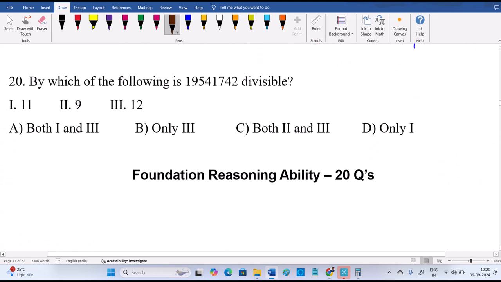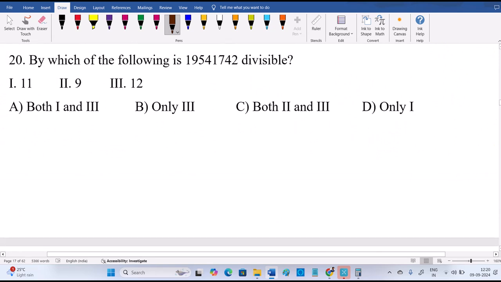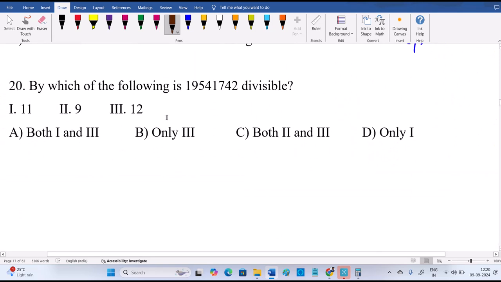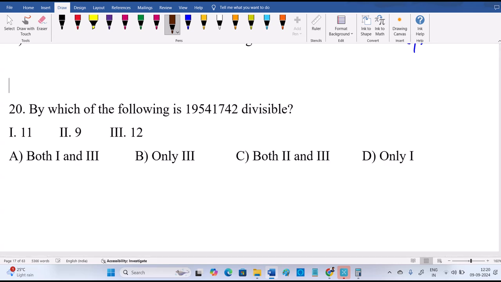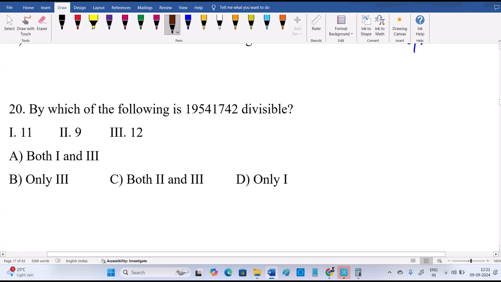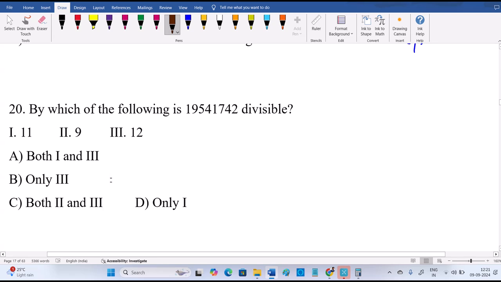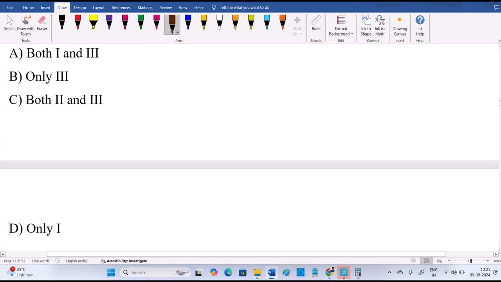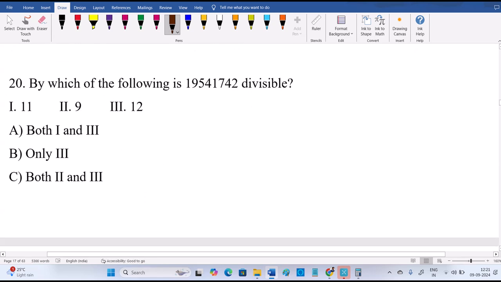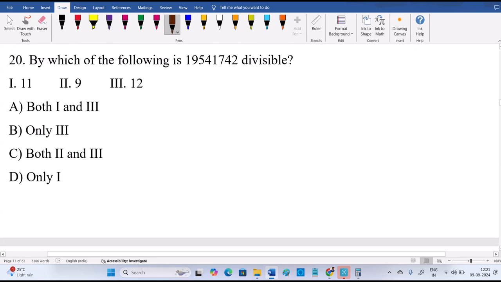Now, divisibility related. Is this divisible by 11? A virtual calculator is allowed, so you can find it. If we divide and get an integer, then you can do this question easily. As the virtual calculator is allowed, this can be done easily. For other exams, if a similar question is given, how to handle divisibility by 11, 9 and so on?